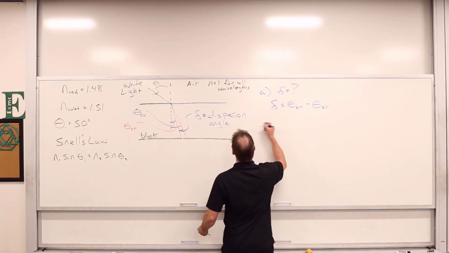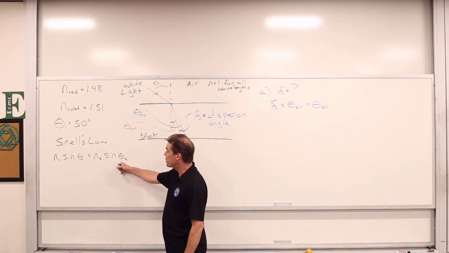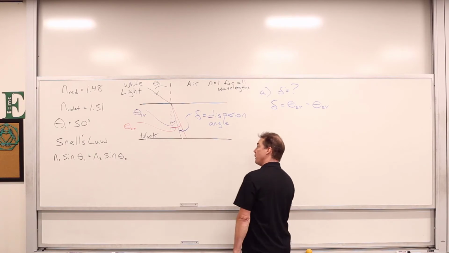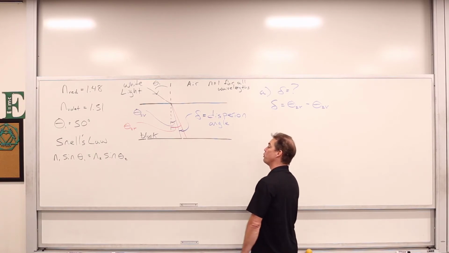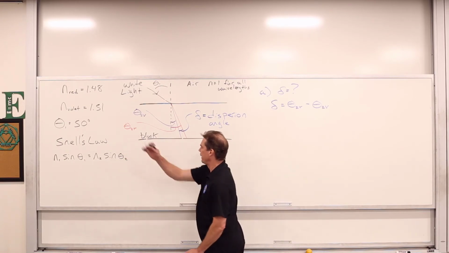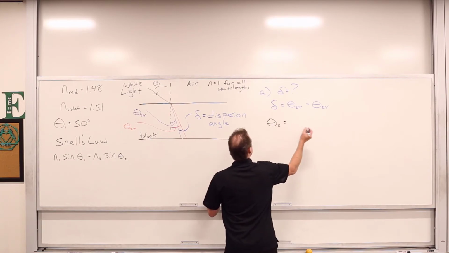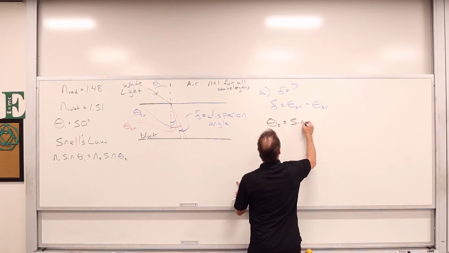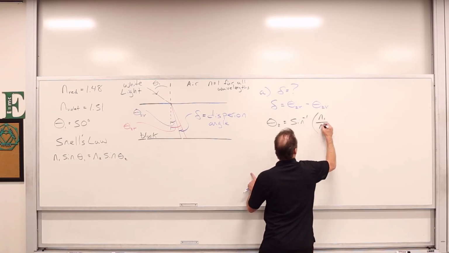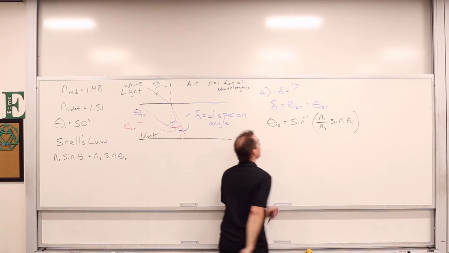We've got ourselves, from Snell's law, solving out for theta 2. We can move some stuff around and get that theta 2 is the arc sine of n1 over n2 times the sine of theta 1. So let me just generalize that really quick and write that out. Theta 2 is equal to the arc sine of n1 over n2 times the sine of theta 1.